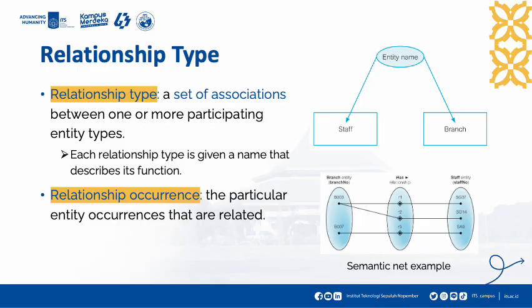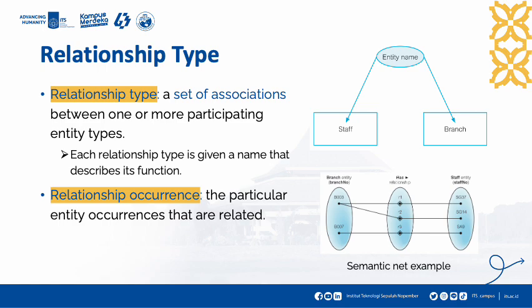For example, in the right figure, we consider two entities, Branch and Staff, and they have a relationship type called Has, which represents an association between the Branch and Staff entities. In other words, we can say that Branch has Staff.